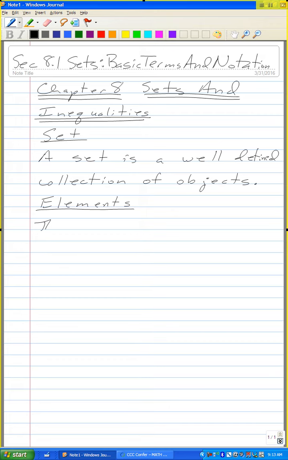The objects which form a set are called elements or members of the set.